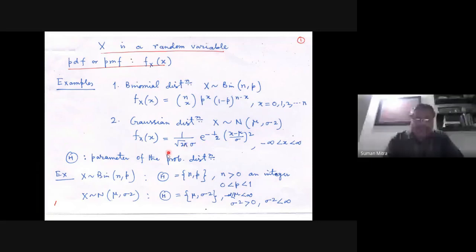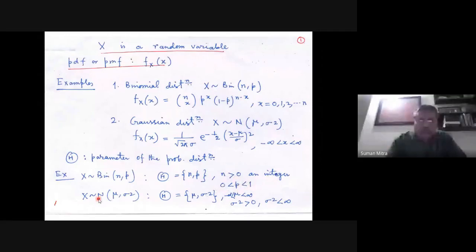Okay. So now you see, if you look at this first example, which is a binomial distribution, we say that x is binomial (n, p). So this n and p are my two parameters. So when I take the parameter set theta, we say n and p. So n is greater than 0 and integer, and p is a value in between 0 to 1.